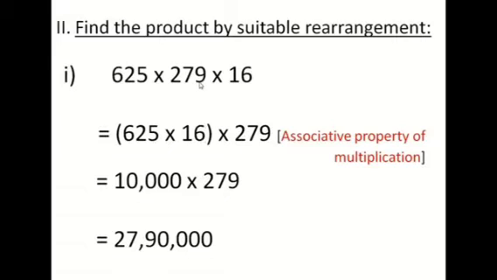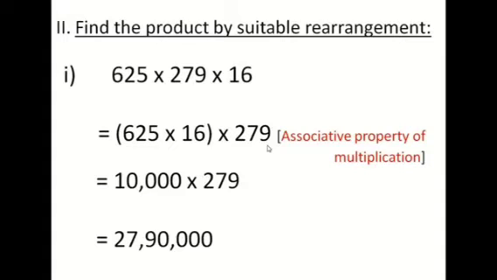But if you group 279 with 625, then 5 nines are 45, or 279 with 16, then 6 nines are 54. So it is not coming 0 in any of the choices. So 625 has been grouped with 16, and 279 we will multiply after that. Here the property we used is the associative property of multiplication.